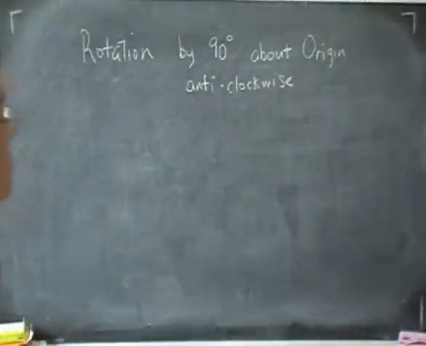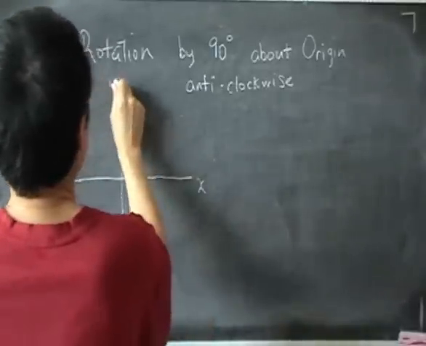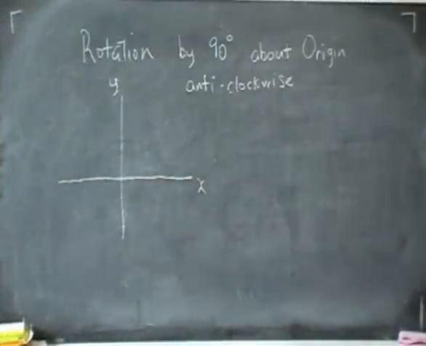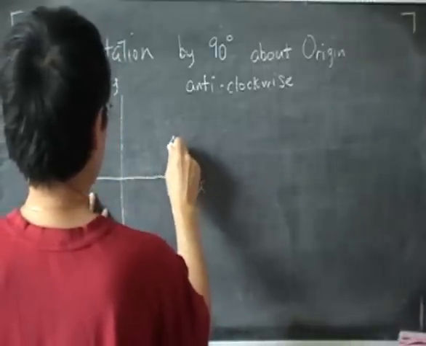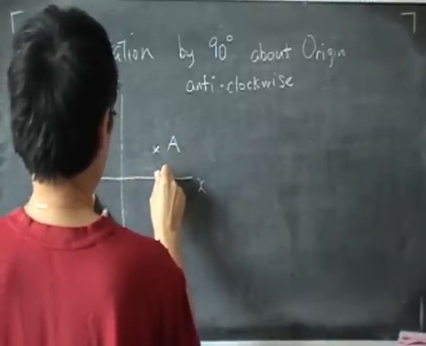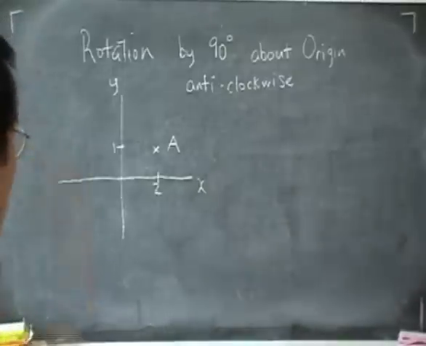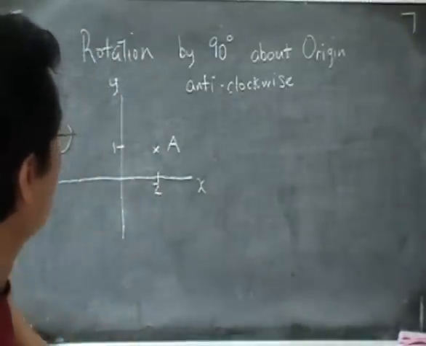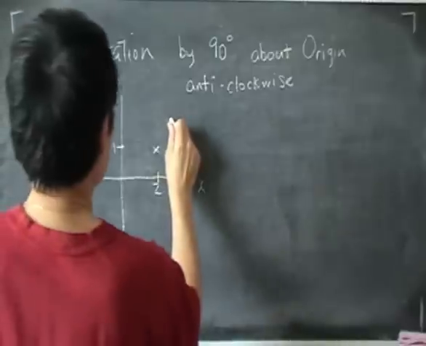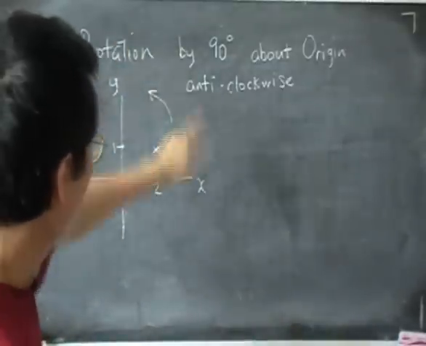Look at this example. So once again, think of a point, let's say A, which is at 2, 1. And we want to rotate this by 90° anti-clockwise. Anti-clockwise means that way, and this way is clockwise.